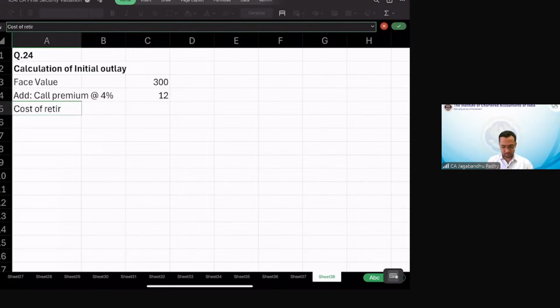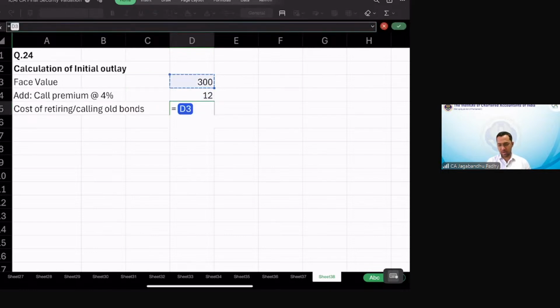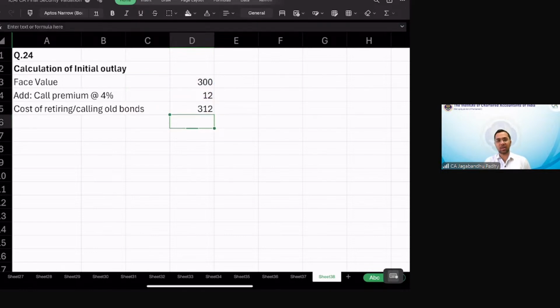So the cost of retiring or calling old bonds: if I'm going to retire the old bonds, I need to pay actually 312. I need to shell out 312. Now, apart from this, this is the cost of retiring old bonds.